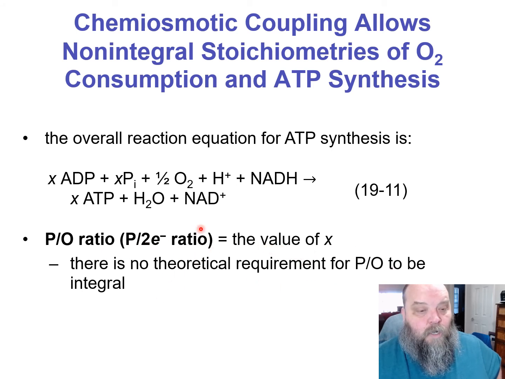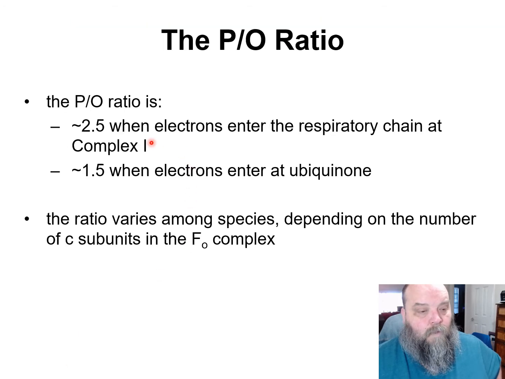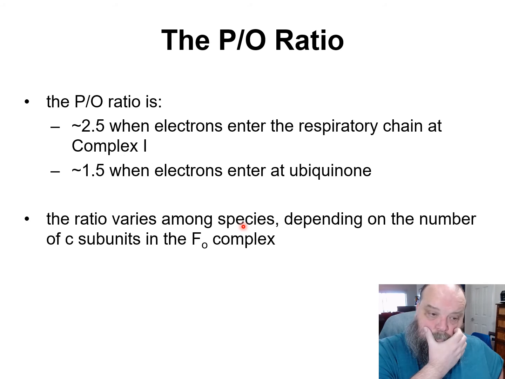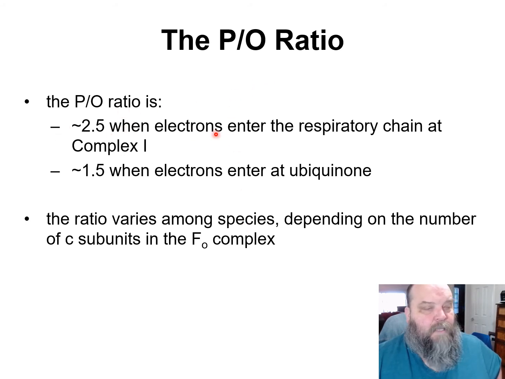It gives you the ratio of how many electrons are needed for the production of ATP. So they figure for every ATP, about 2.5 electrons have to enter at complex 1, or 1.5 at ubiquinone.